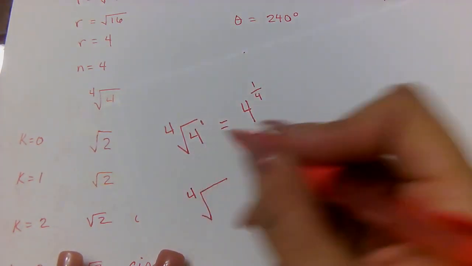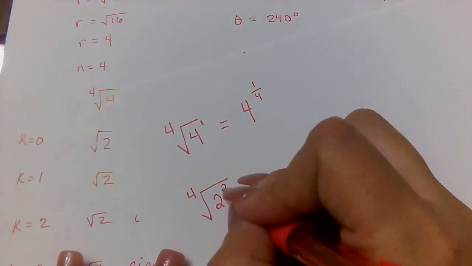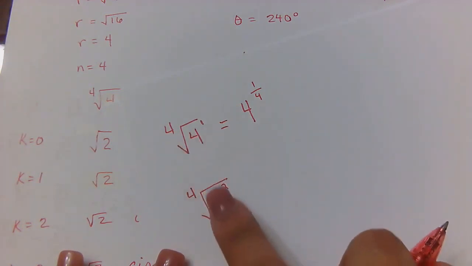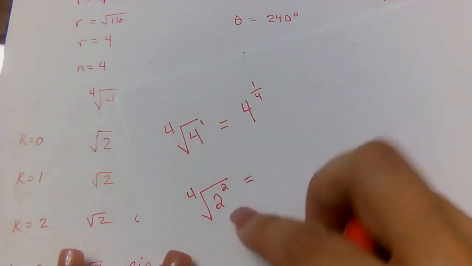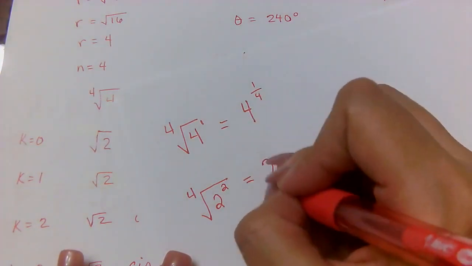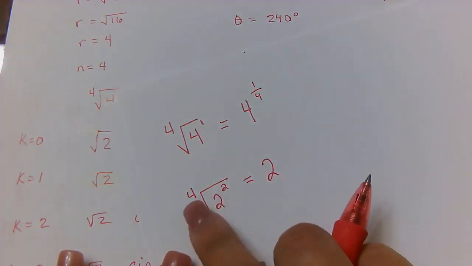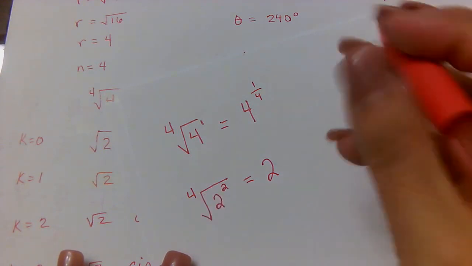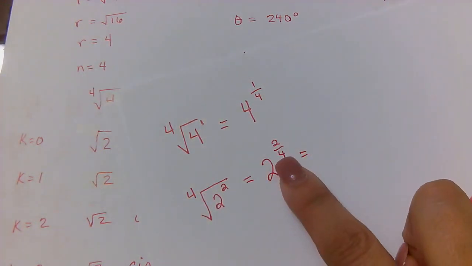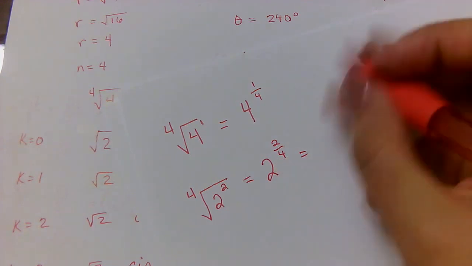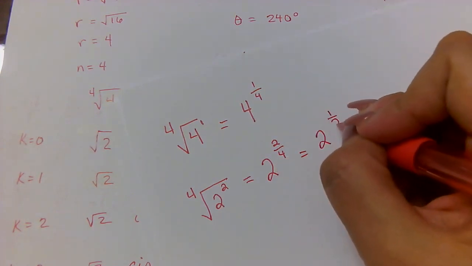This is going to be 2 squared. This and this are exactly the same. Okay? So if I'm going to write it this way, I'm going to use a base of 2, and our exponent will be 2 fourths. Isn't this exponent, can't we simplify it? We can say it's 2 to the 1/2.